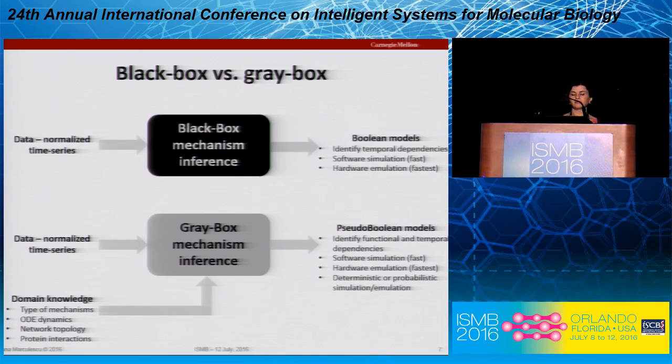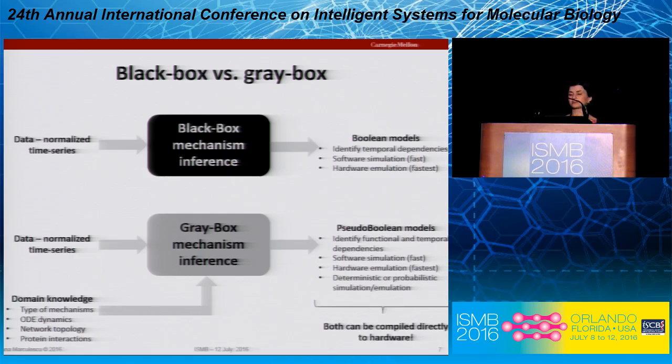So you can inform the gray box mechanism inference, and then you basically get a richer model at the end. And again, this can be done in the context of software simulation or hardware emulation, but you can also augment it with not just deterministic, but also probabilistic approaches.